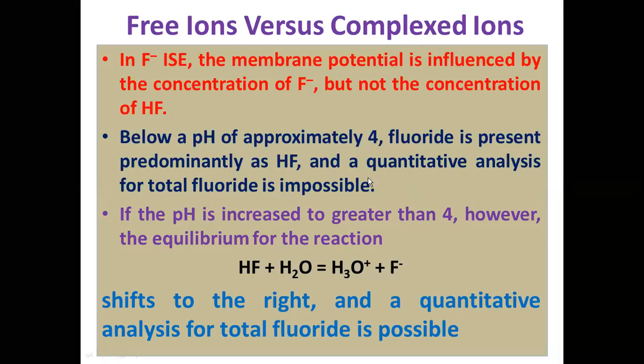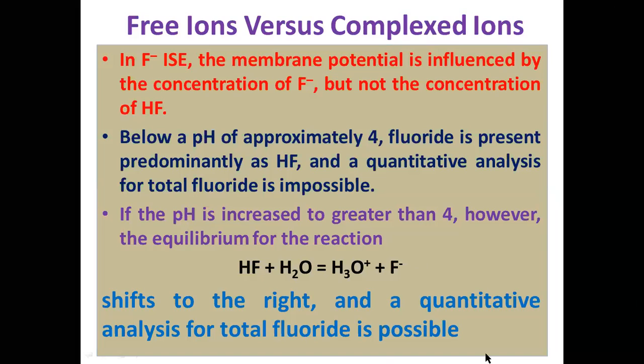Let me assume the determination of fluoride by using a fluoride ion selective electrode. You know the working principle of the fluoride ion selective electrode: it is selective for the determination of only fluoride ion, not hydrogen fluoride or free fluorine. After immersing the fluoride ion selective electrode and the reference electrode, the solution should have a pH greater than 4.